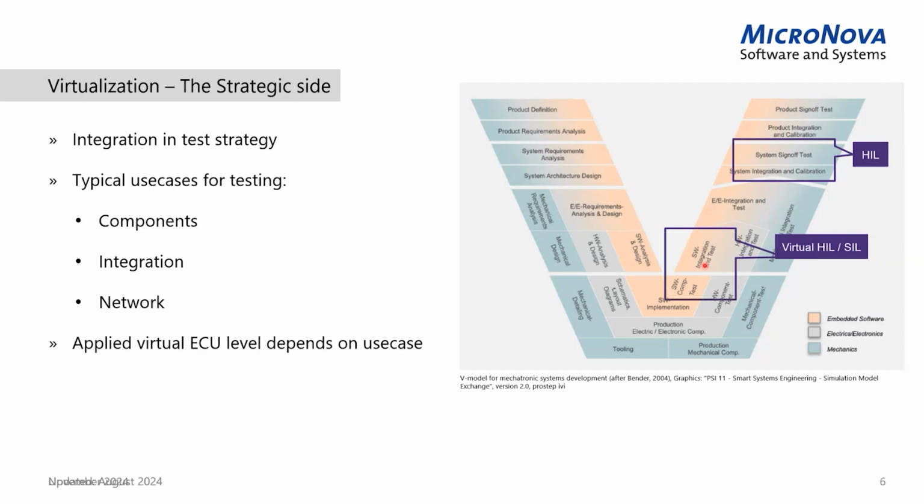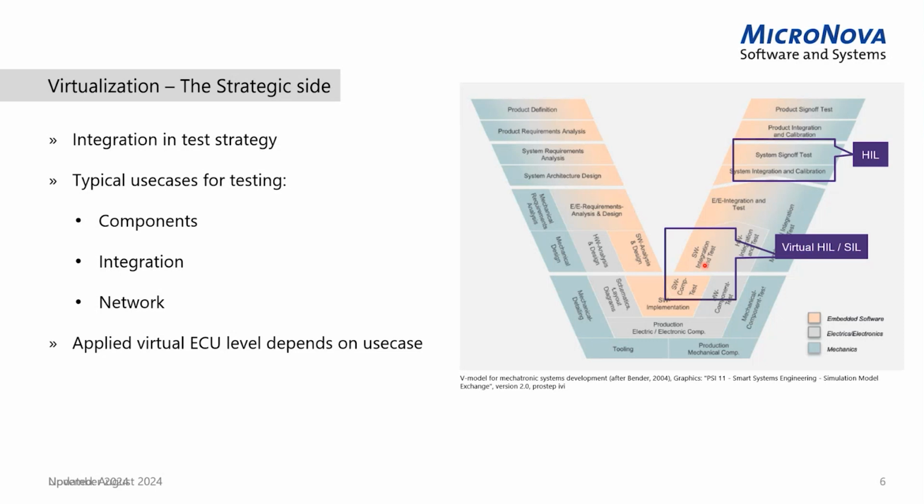It might even go to network testing, where we've got several ECUs interconnected in some CAN or FlexRay network, where we really want to check what's happening in the communication between those specific ECUs. And there comes, of course, the point: the virtual ECU level that you will later apply highly depends on the use case and on what you've got at hand. What's the test focus of your whole setup?